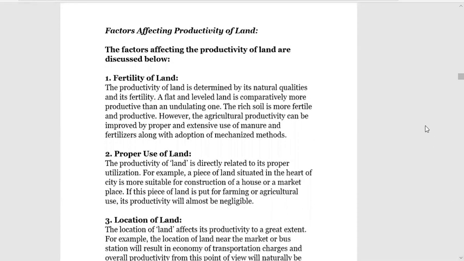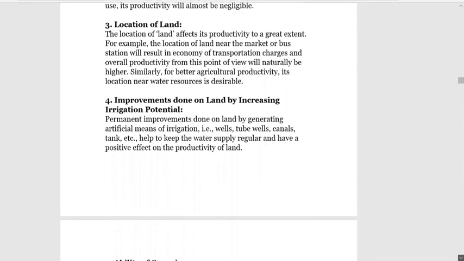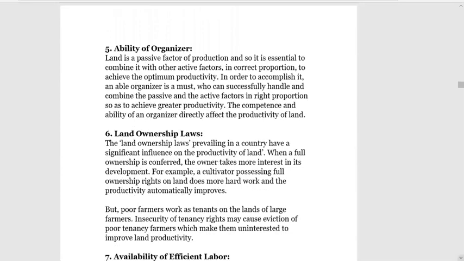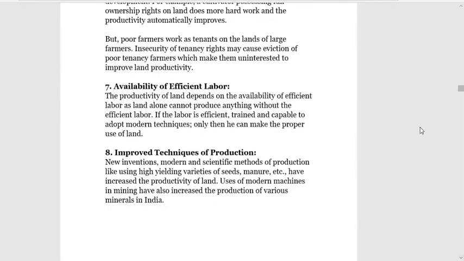These are the factors affecting the productivity of land. Already we have mentioned the fertility of land, proper use of land, location of land, all these things. Land is the basis. It's a passive factor. It will not give anything unless you put effort into it.